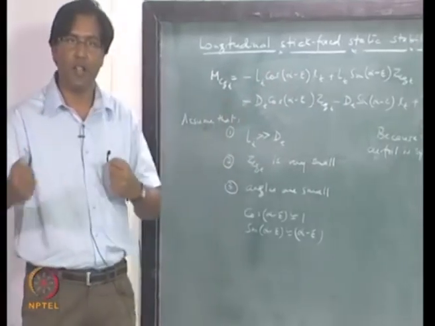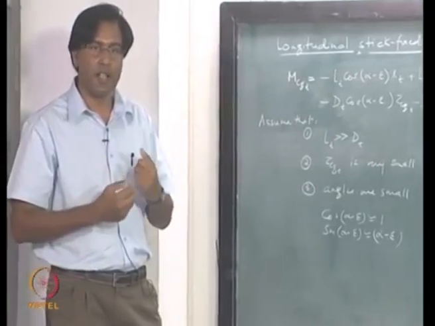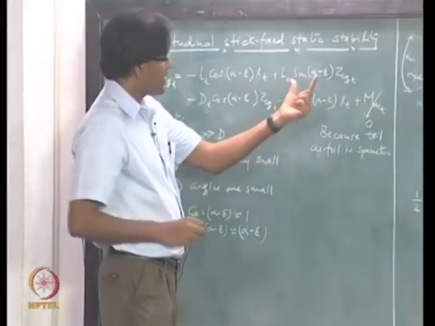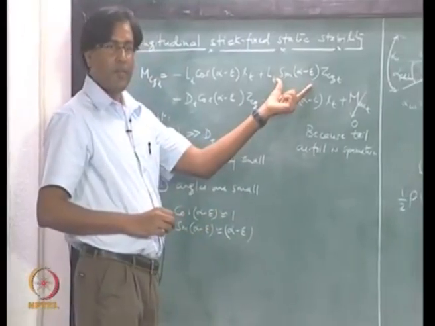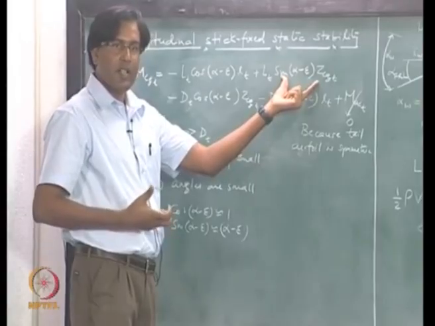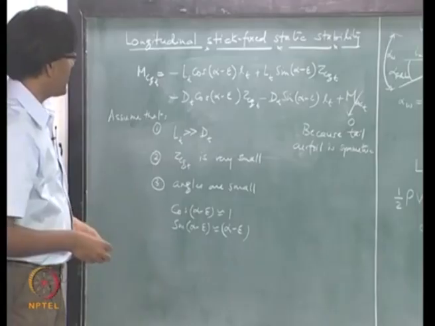Large and small, you have to look at the magnitude, and that is how we can drop out terms. This can be dropped because there are two small terms, and the product of those two terms is further small.